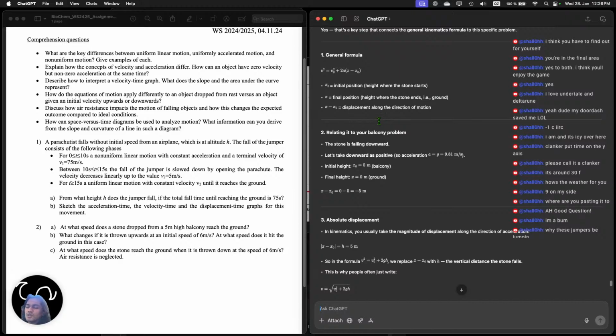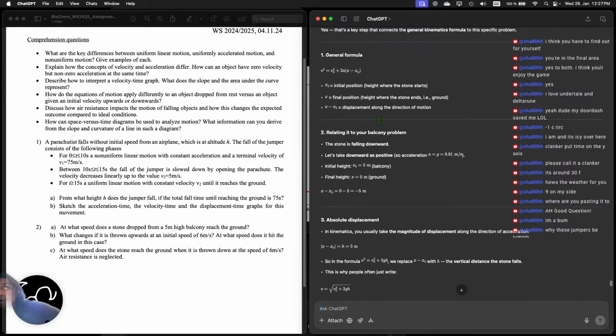It is kind of true. Like you're throwing the stone at one position, you throw it up, it goes up, it passes the point where you threw, and it goes down. So displacement is gonna be still the same.